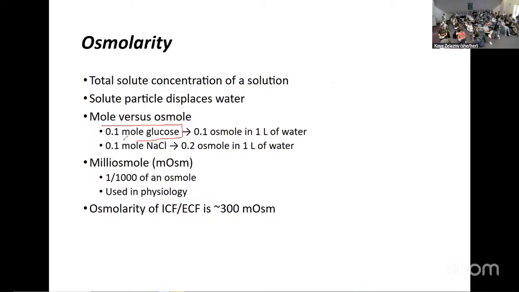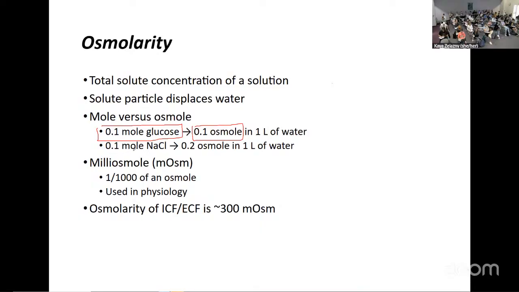So 0.1 mole of something like glucose, which doesn't dissociate in water, is just going to become 0.1 osmole in a liter of water. But if we're paying attention to something like a salt, where we have ions separating, ionic bonds splitting apart, we're going to have to account for each of those pieces separately.